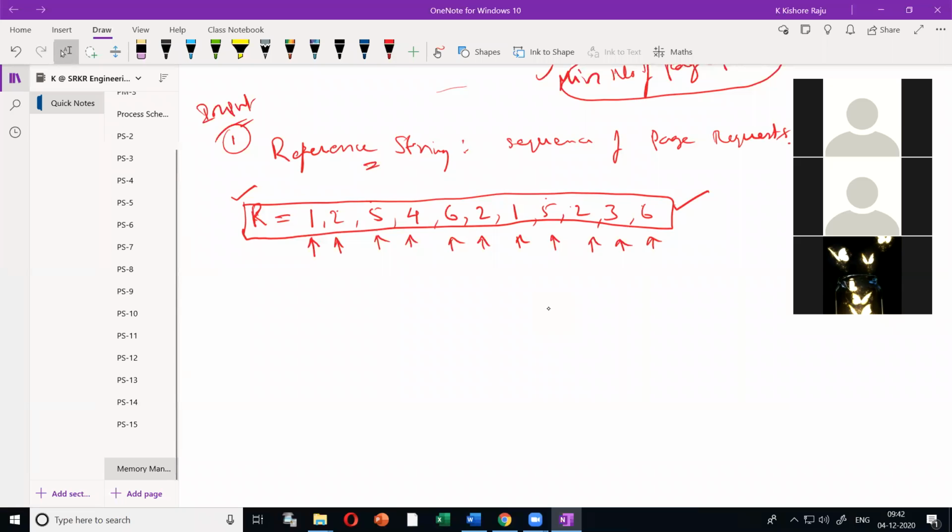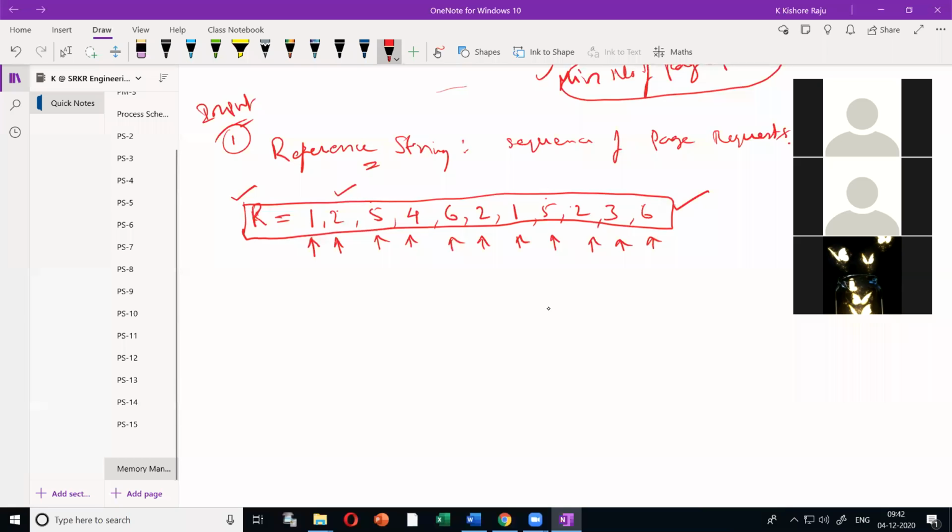Please listen carefully, because you have to practice the same concepts in your lab also. You have to define your own reference string and write your own C program to simulate this algorithm. Is it clear? So please try to understand this concept.